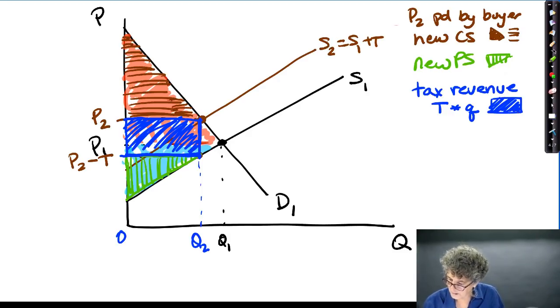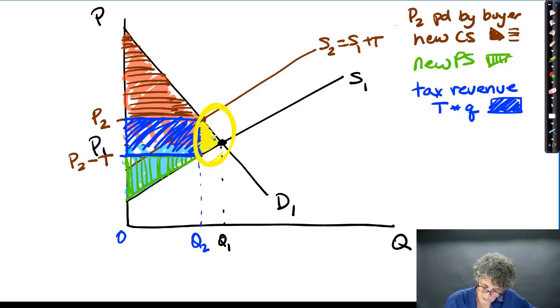What's left is there's an area here that nobody has captured. This little triangle that I just tried to circle in yellow, I'm going to highlight it in yellow. This little triangle here, nobody gets it. Nobody gets the area of that little triangle that used to be part of the consumer and producer surplus. Nobody gets that little triangle. It's nobody's.